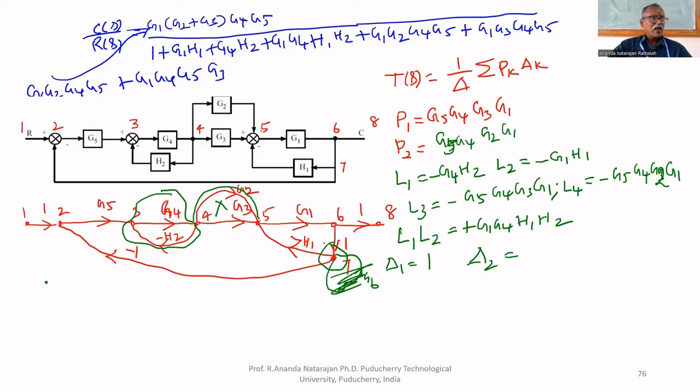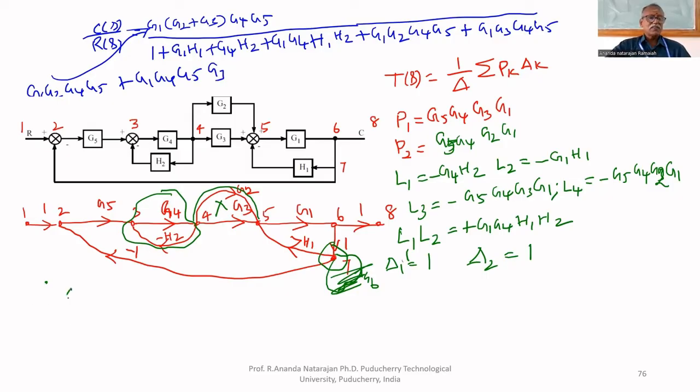The loop should not touch the forward path. Here 7 has one loop, G1, H1, but it is touching the forward path. We need the part of the graph which is not touching the forward path, but only one node is not touching, and there are no loops not touching the forward path. Therefore, delta 2 also equals 1.